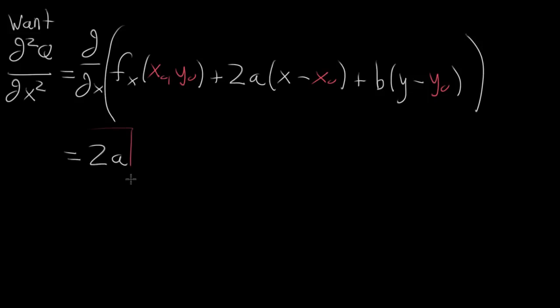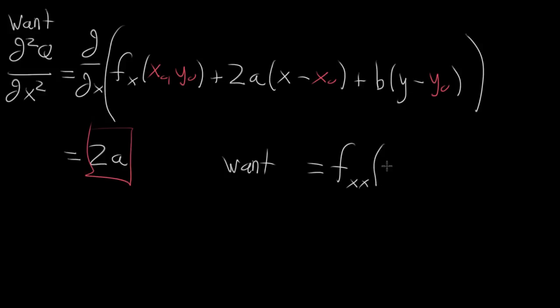It's this constant 2a. And since we want this entire thing to be equal to, what do we want? We want it to be the second partial derivative of f, both times with respect to x. So here I'm going to use the subscript notation. Over here I'm using the Leibniz notation, but here just second partial derivative with respect to x.